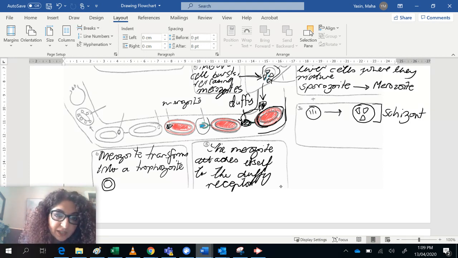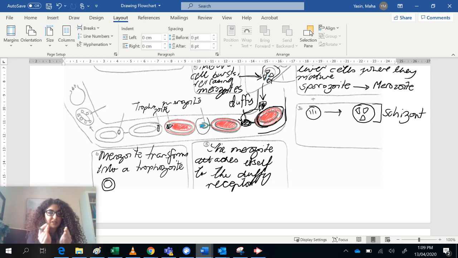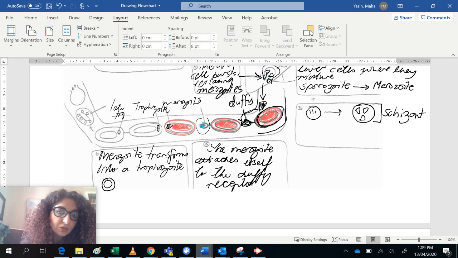So this one here that we're looking at, that's actually your trophozoite. Okay. Now that trophozoite then continues to grow, and the later stage is called a late trophozoite as well. So it grows into this late trophozoite, and there it is. It's just growing and growing and growing.